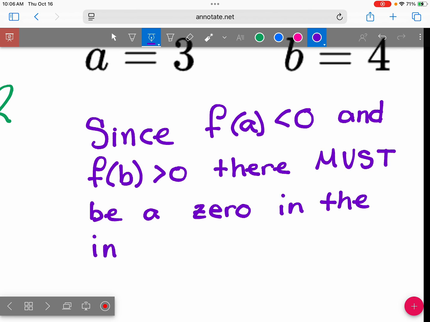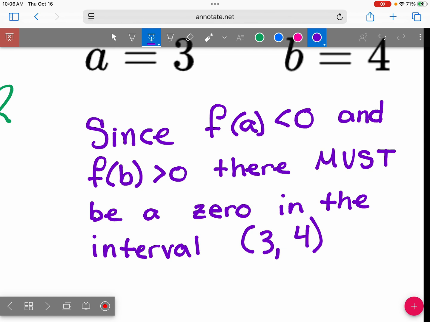I know, it's a full sentence, ew. Between 3 and 4. If you put it with brackets, it's not wrong, but we already know it's not going to be at 3 because at 3 we're at negative 2.